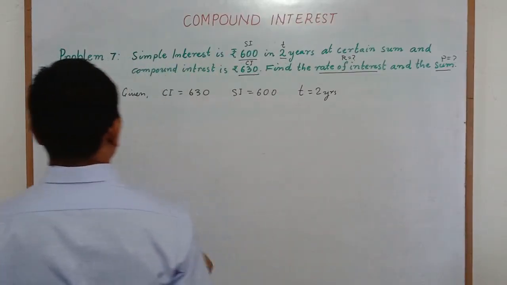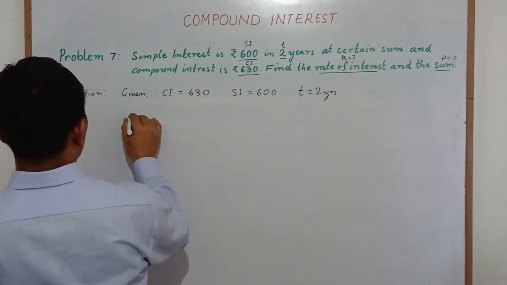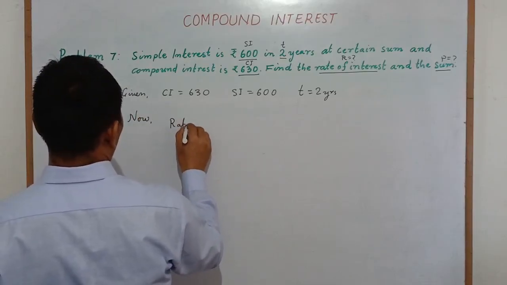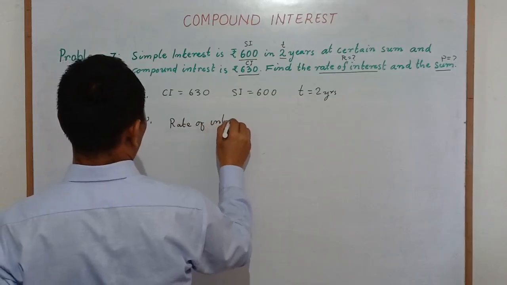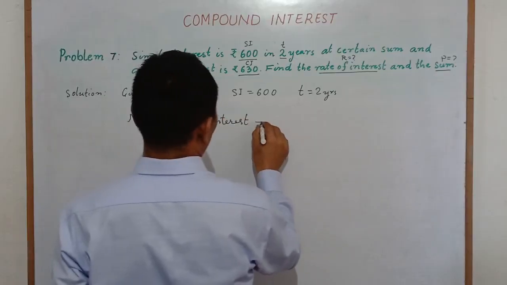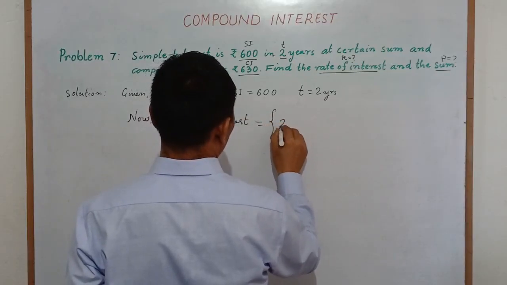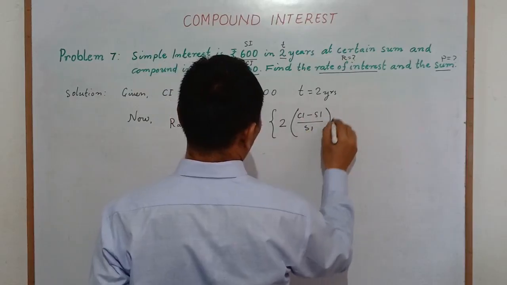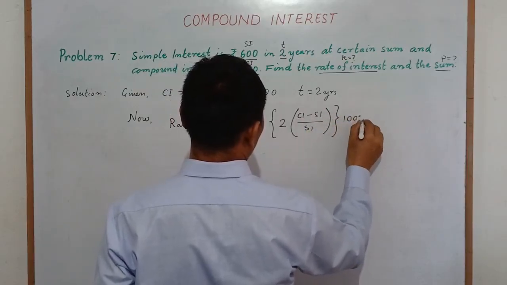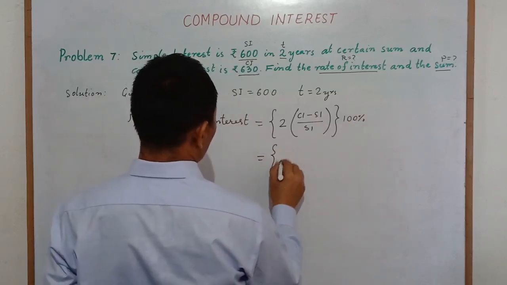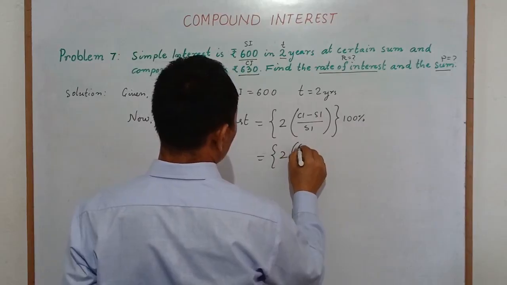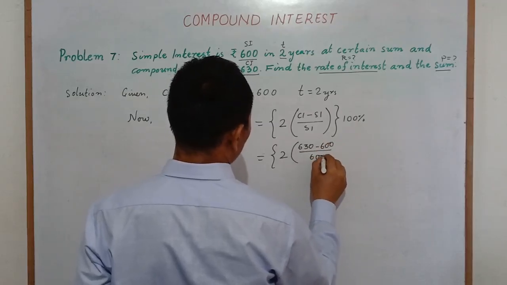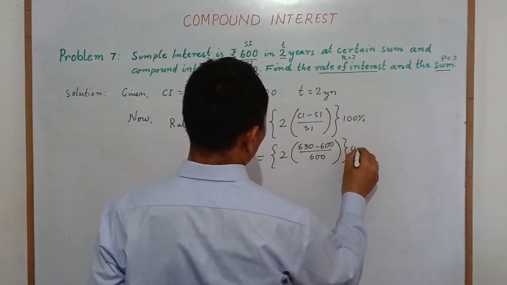Now rate of interest is equal to 2 into (CI minus SI) divided by SI, into 100%. So rate is 2 into (630 minus 600) divided by 600, into 100%.